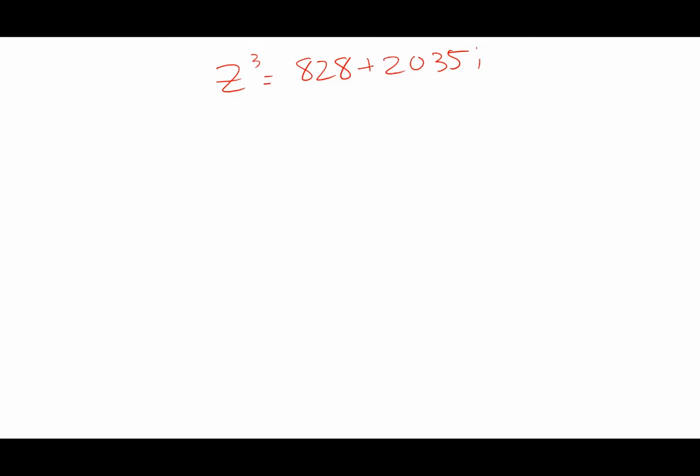Let's check ourselves. So if this works, we should be able to use a squared plus b squared equals c squared. And they don't have any common factors, so it's primitive. So let's see if this triple works. So this is going to be my a, and this is going to be my b.